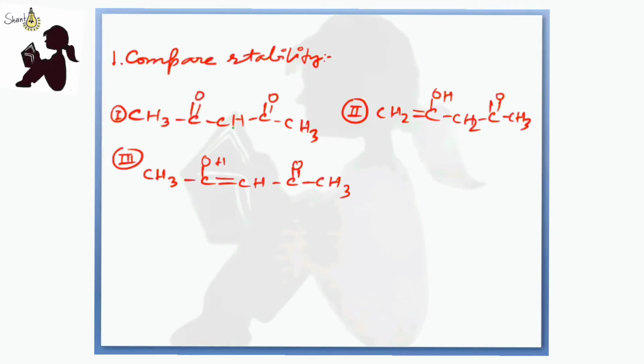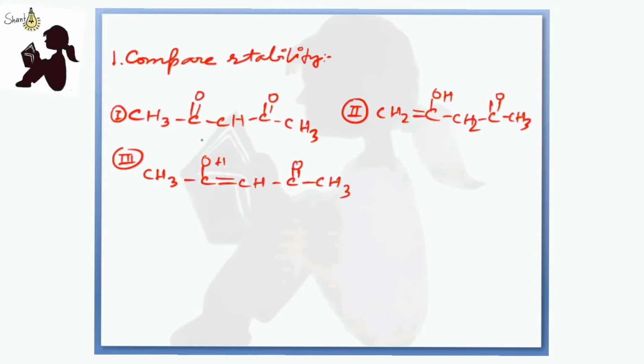So here, if we are given any question of tautomerism, what we have to see first is the alpha hydrogen, and second is the hydrogen bonding. Okay, that will decide the stability of the tautomer. So let's see here.